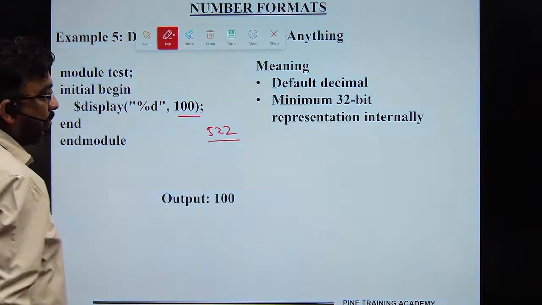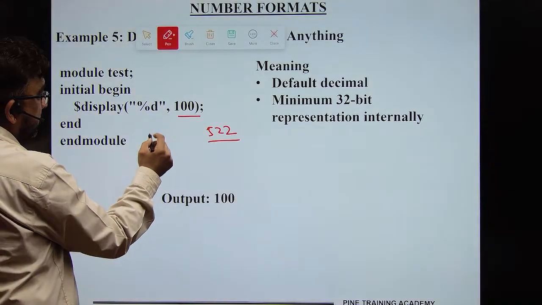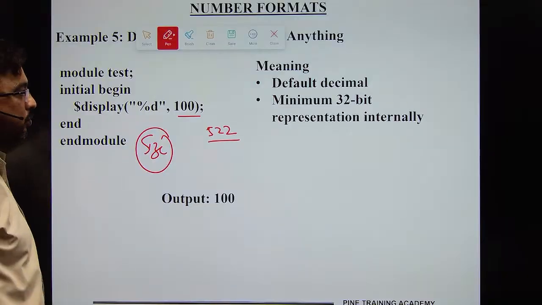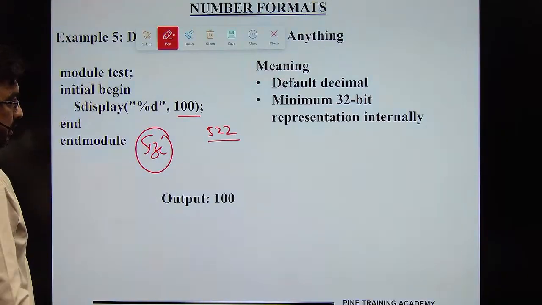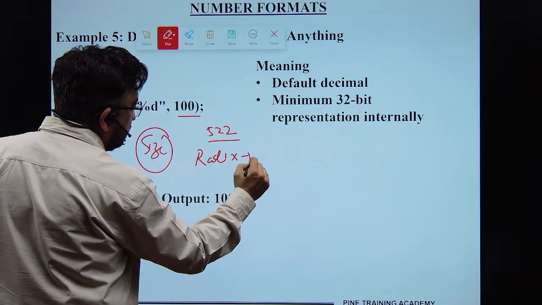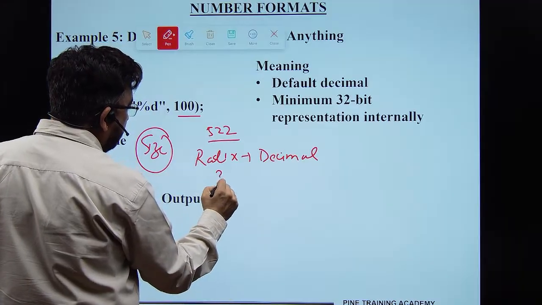If your size is missing, then again the minimum is 32 bits and the default is decimal. Your radix will be decimal and the default size will be 32 bits.